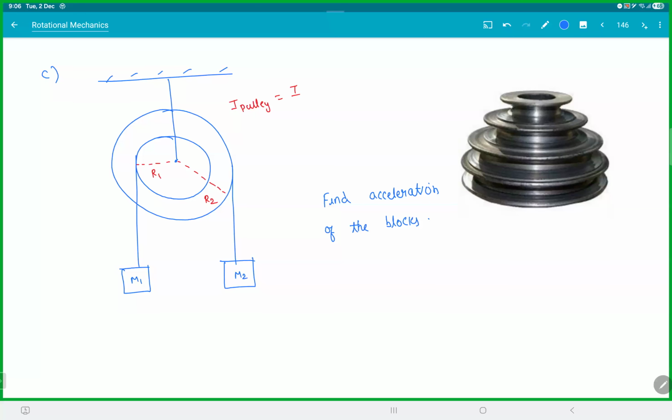Yeah, no slipping. If I don't mention anything, it's no slipping. Obviously, right? Now we are doing that only.